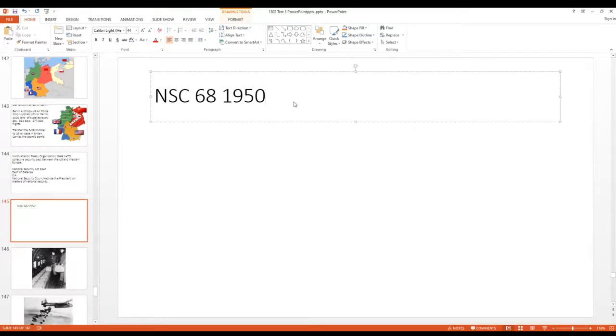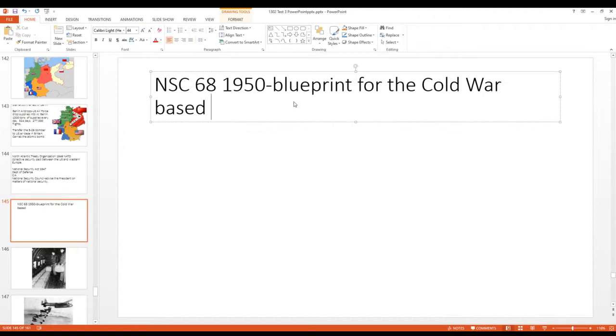It was accidentally declassified in the early 1970s. I think I have a copy sitting on my coffee table right now that I've been slowly reading. NSC 68 provides a blueprint for the Cold War based on what's happened between 1945 and 1950.